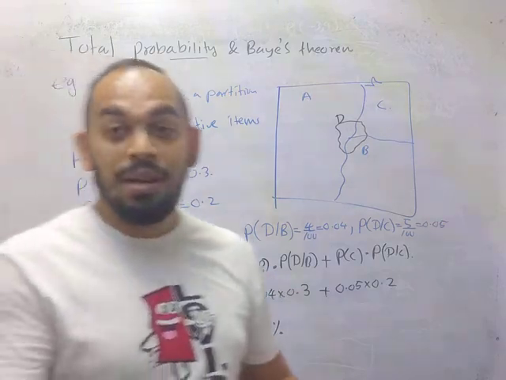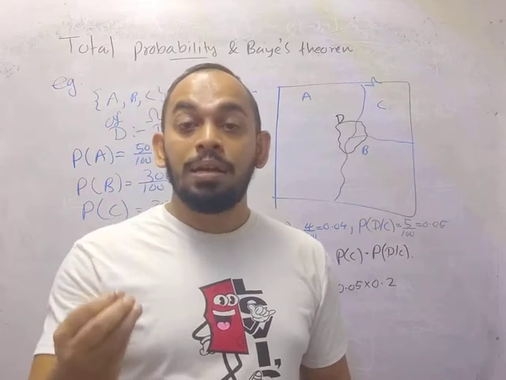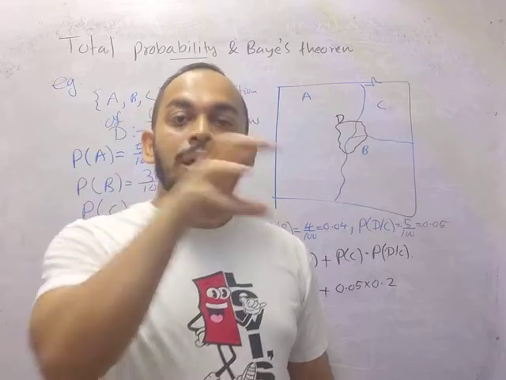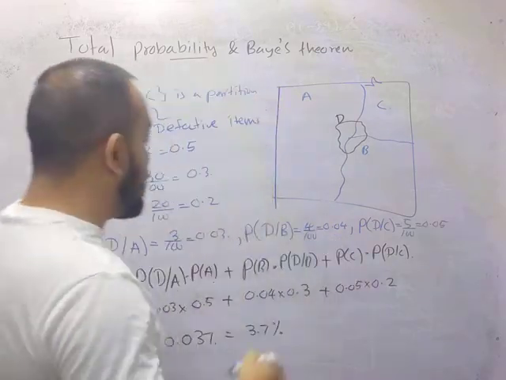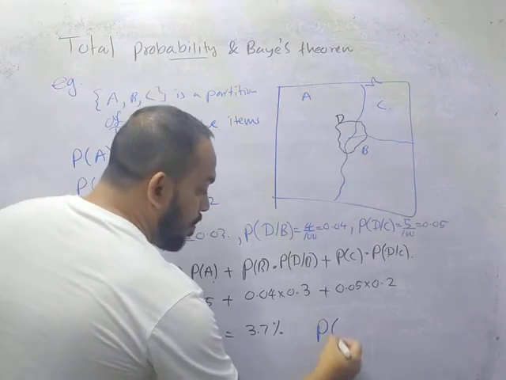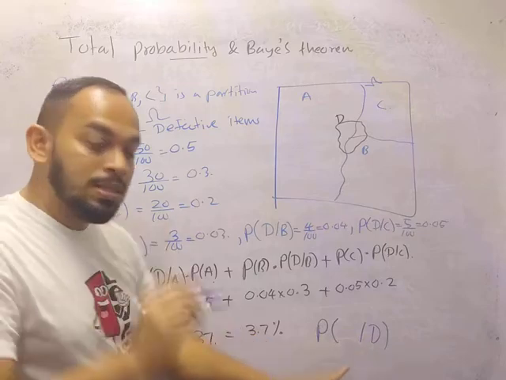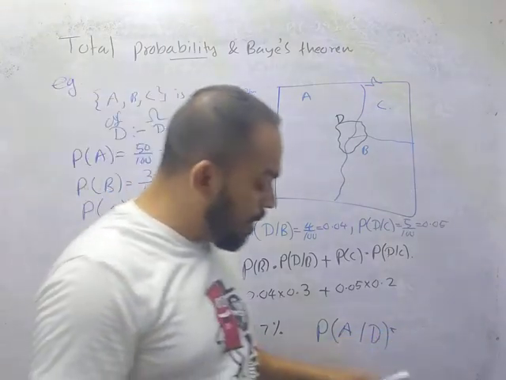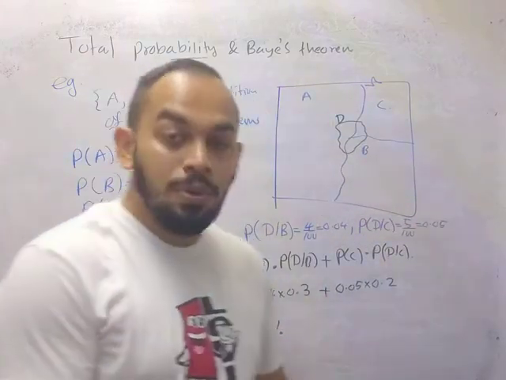In that case, what is the chance that that item came from A or came from B or came from C? එතකොට Bayes theorem එකෙන් අපි කතා කරන්නේ given defective, what is the chance that it came from A? ඉතින් මේක already ඔයගොල්ලෝ දන්නවා.